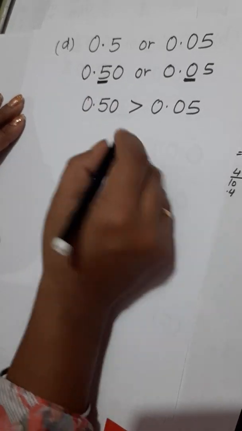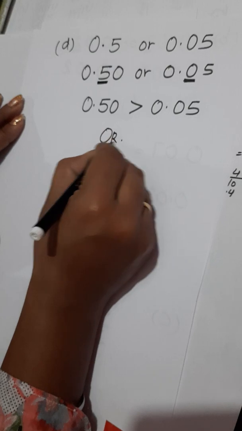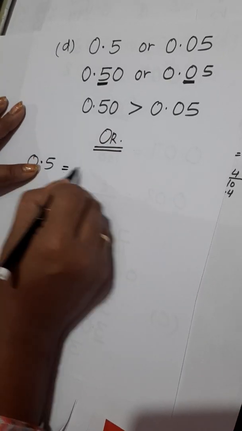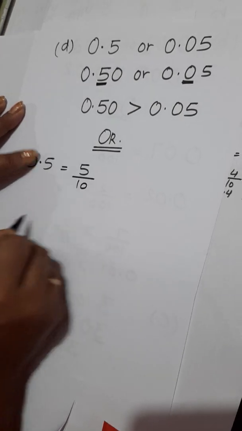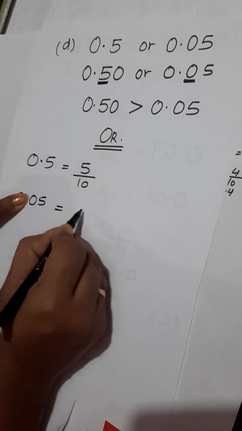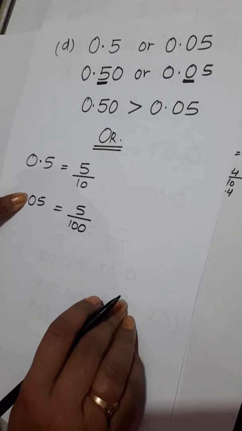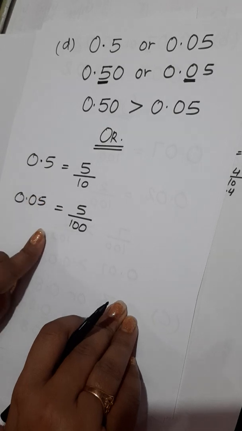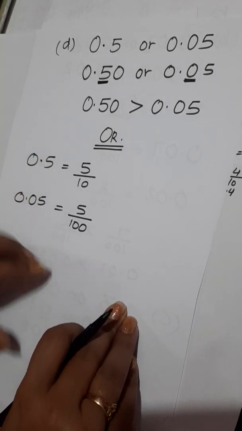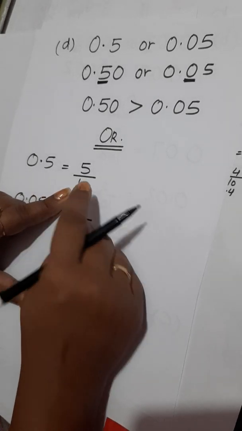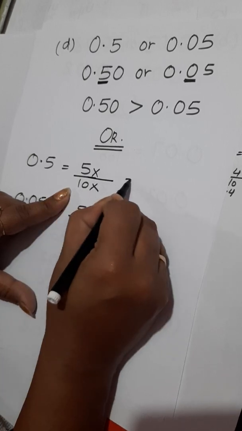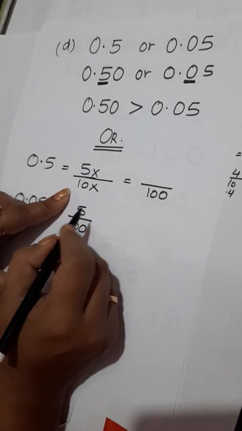You can also solve in this way, as we did in the previous question. Here we have 0.5. If I remove the decimal, I have 5 upon 10. Now next I have 0.05. If I remove the decimal, I will write 5 upon 100. Now in this case the denominators are not the same. Whenever you have to compare decimal fractions, the denominators should be the same. So here we have 10, here we have 100. By which number do I multiply 10 so that I get 100 in the denominator?